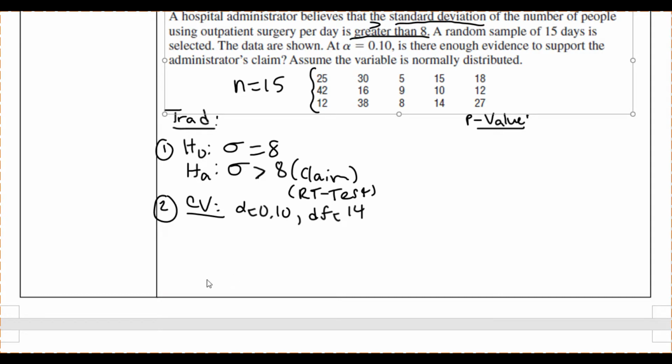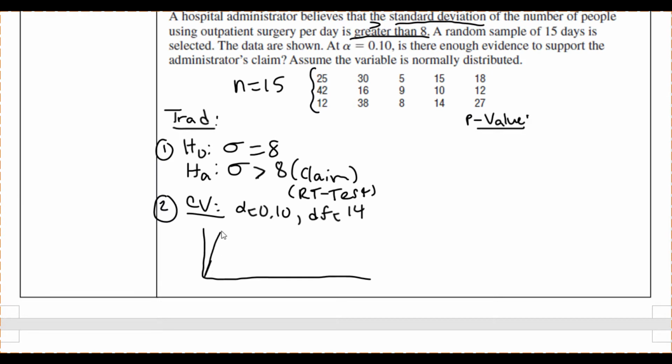So I'm going to draw out the curve just so that we can see what we're looking at here. So we're looking at a critical value of 21.064.